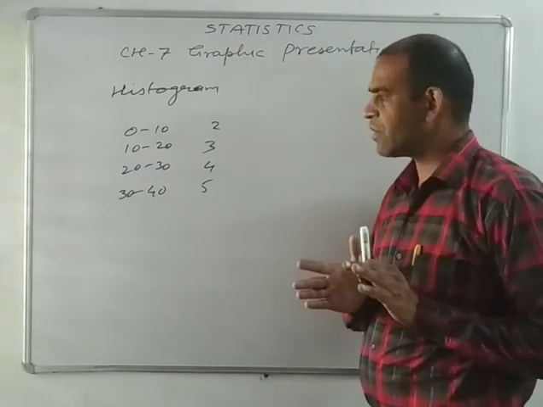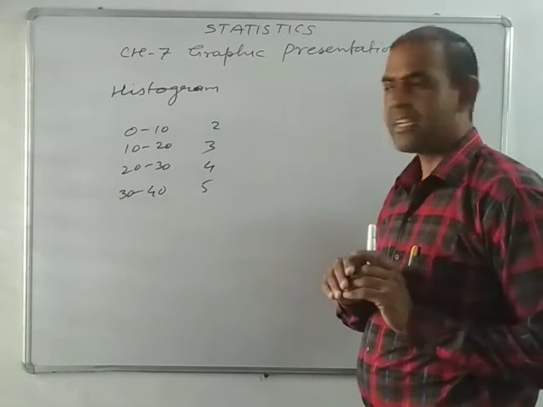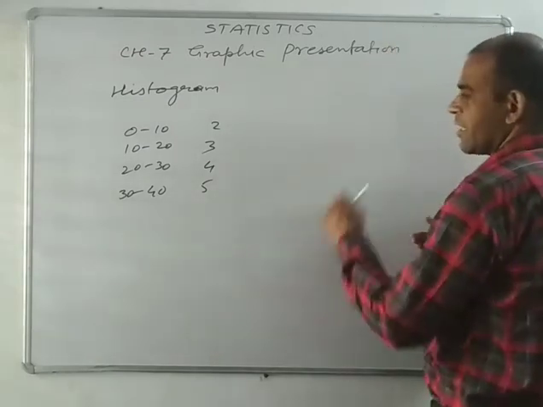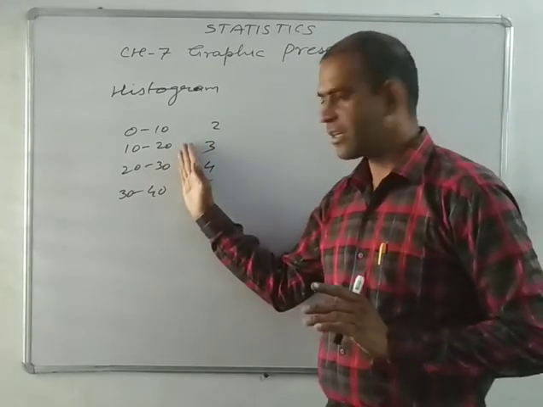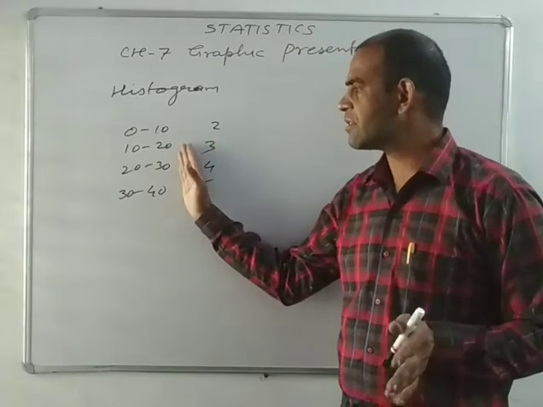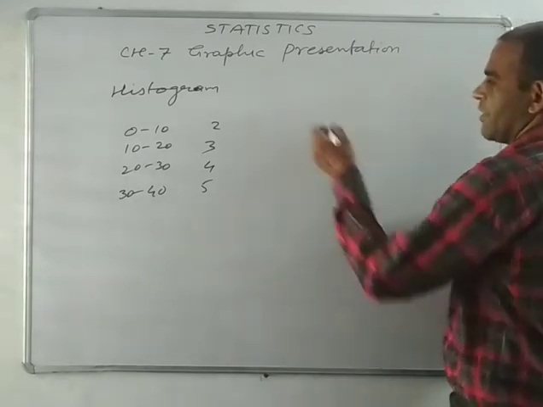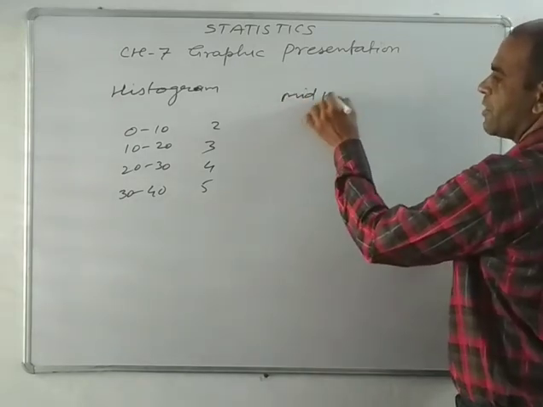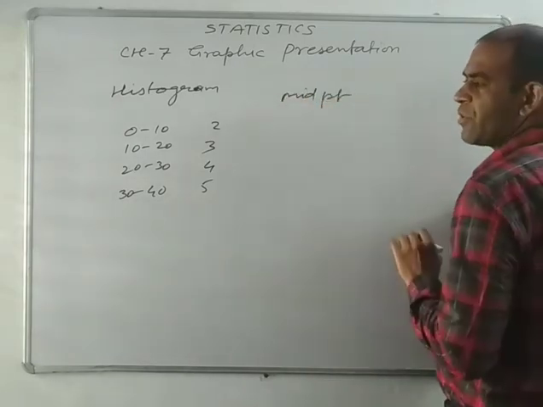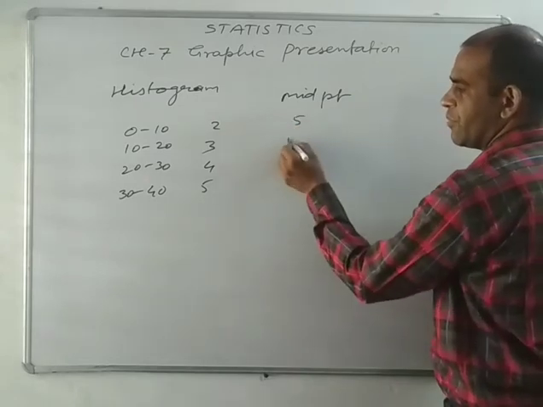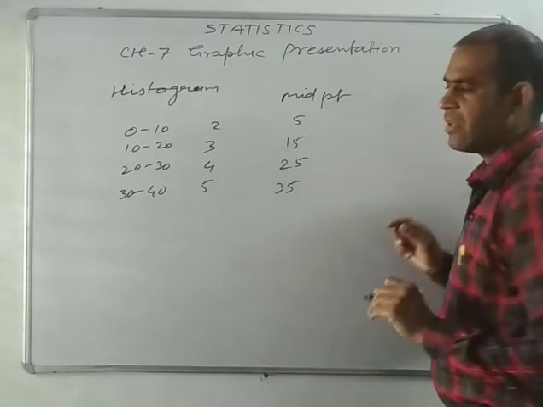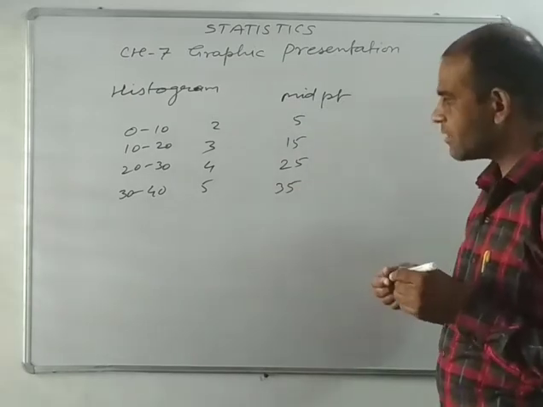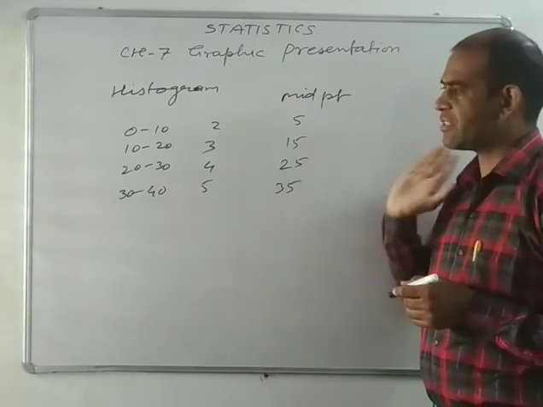Histogram is a rectangular bar graph with adjacent bars. All the rectangles are adjacent. Data are given continuous. Next, sometimes the midpoints are given. If midpoints are given, for example 5, 15, 25 and 35, then we will find the continuous class intervals.